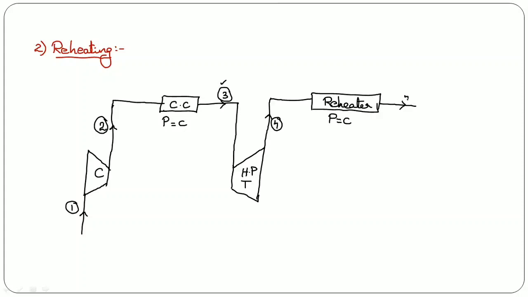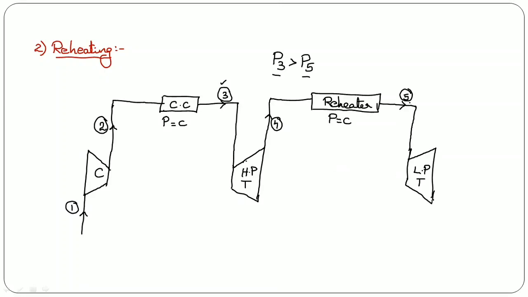At constant pressure heat is added from 4 to 5, and with this highest temperature, because of reheating, air enters into another turbine called low pressure turbine, because the entry pressure at condition 5 is less than the entry pressure at condition 3. So P3 is greater than P5. That is the reason we named this turbine as high pressure turbine and this turbine as the low pressure turbine.